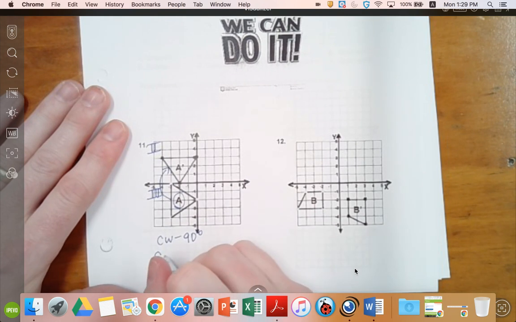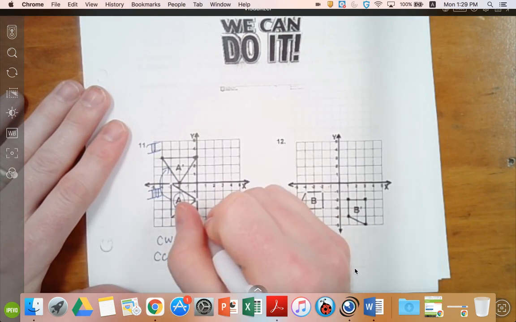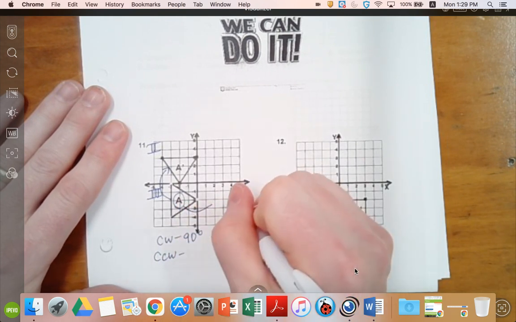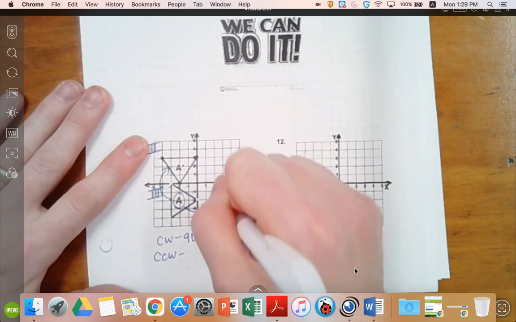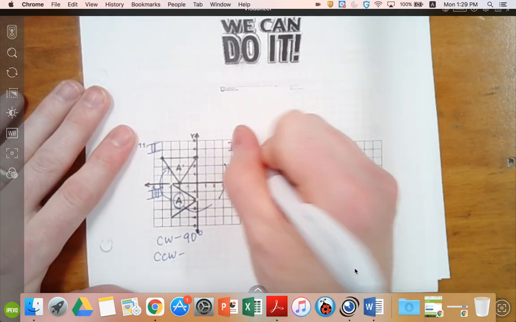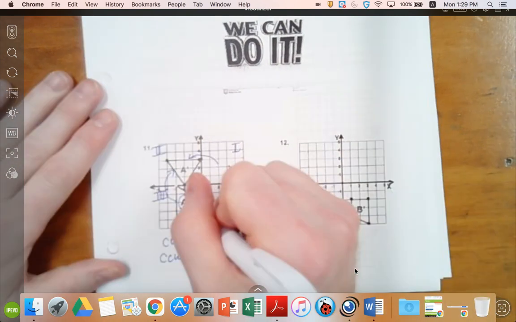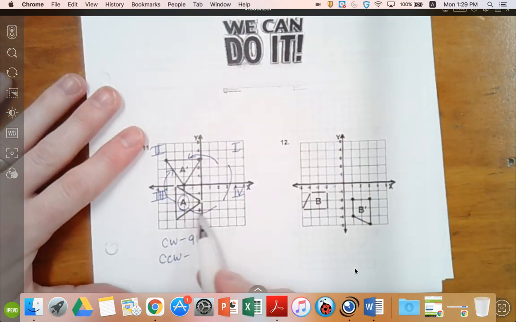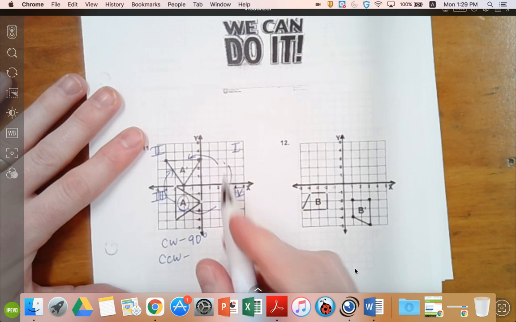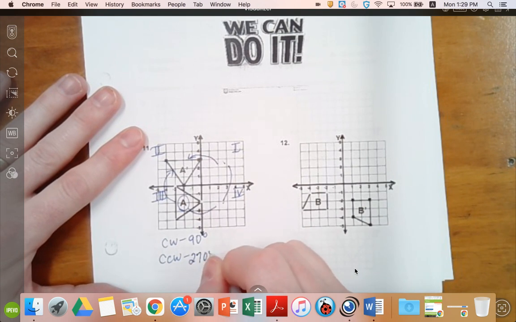Counterclockwise goes the opposite direction. So I went from 3 to 4, so that's 1. 4 to 1, that's 2. 1 to 2, that's 3. So counterclockwise took 3 turns. 1, 2, 3. 270-degree turn.